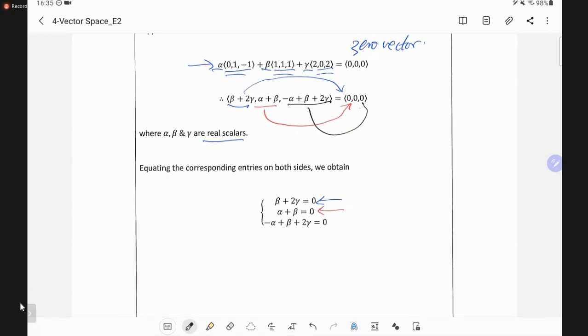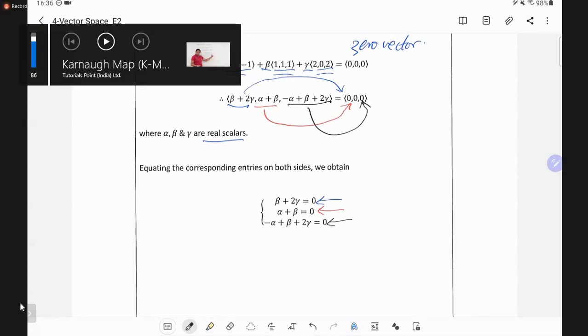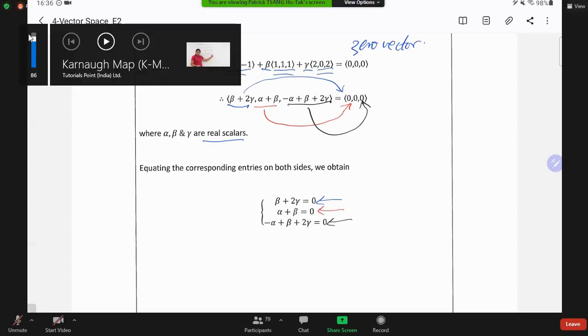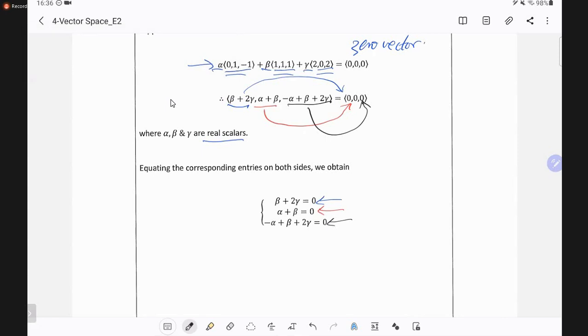That's why we have this system of 3 linear equations, because alpha, beta, and gamma are what we want to solve for. So you simply treat them as variables in this case. At this moment, you may want to use whatever you learned previously in topic 3.